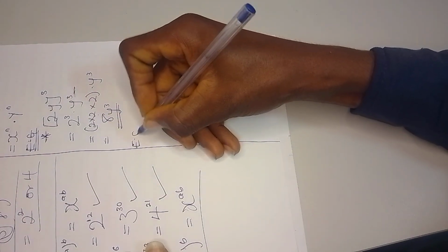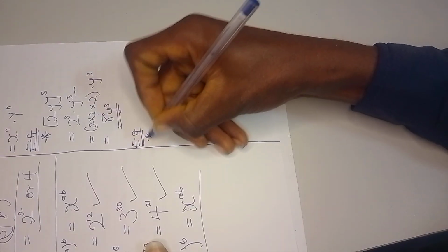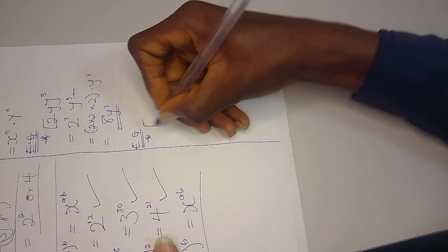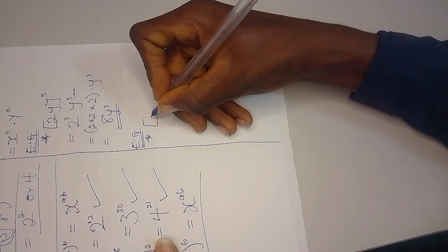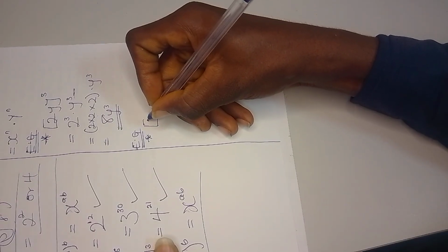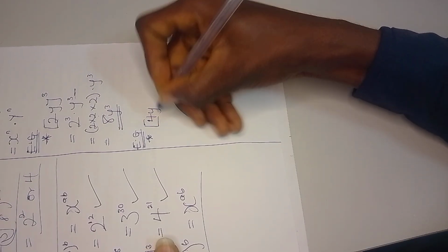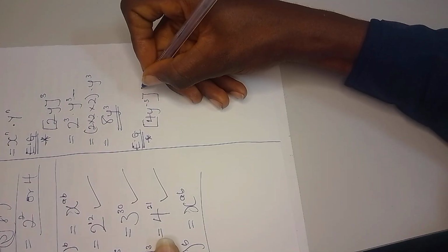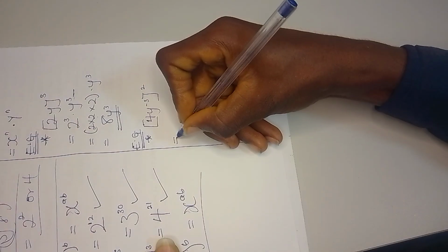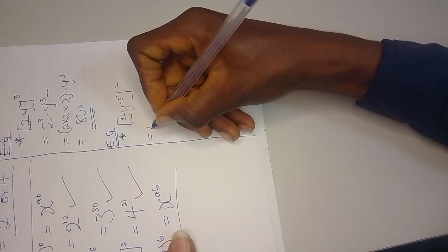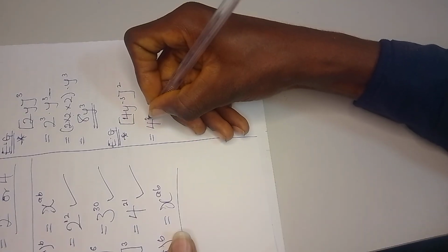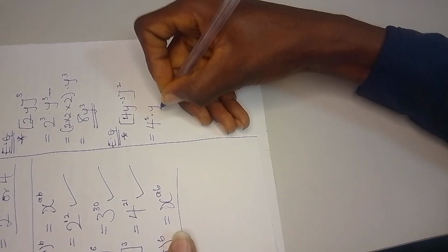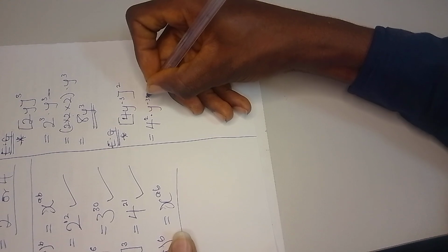This is also another example. Let me make it a little difficult. If you have 4y raised to the power of minus 3, then you have power 2 outside. This will be equal to 4 raised to the power of 2 times y raised to the power of minus 3 times 2.